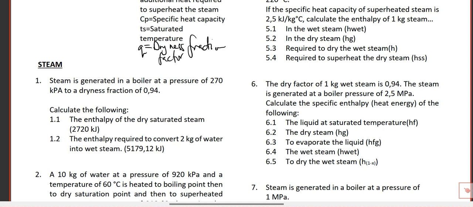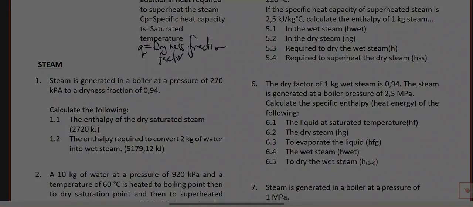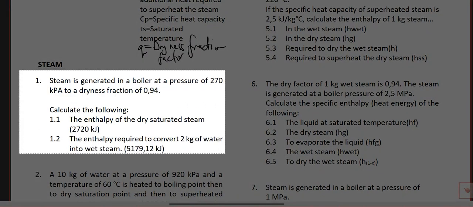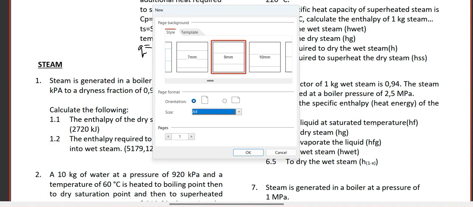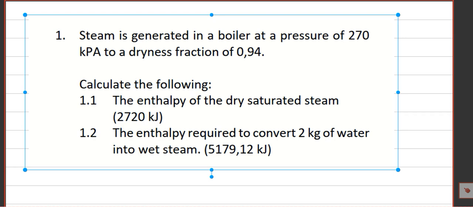We want to try to answer this first question quickly. So here we have our question.